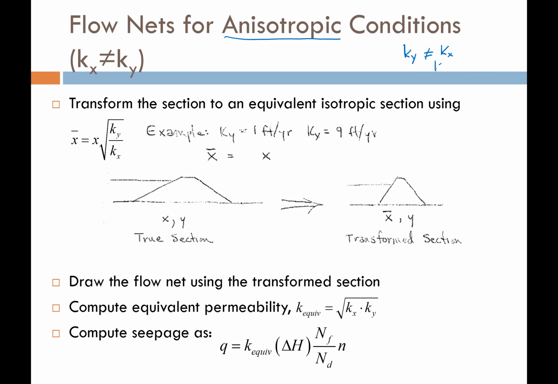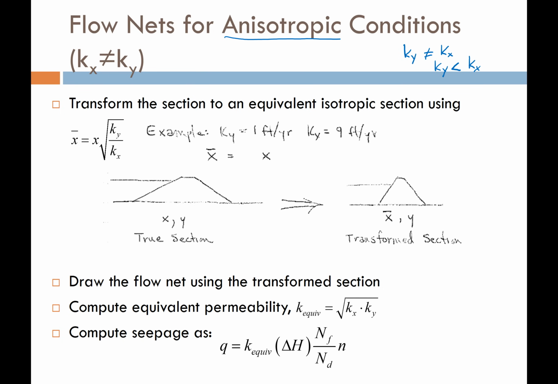In fact, the conductivity in the y direction is always less than the conductivity in the horizontal direction. Water has an easier time flowing horizontally through soil than it does vertically.